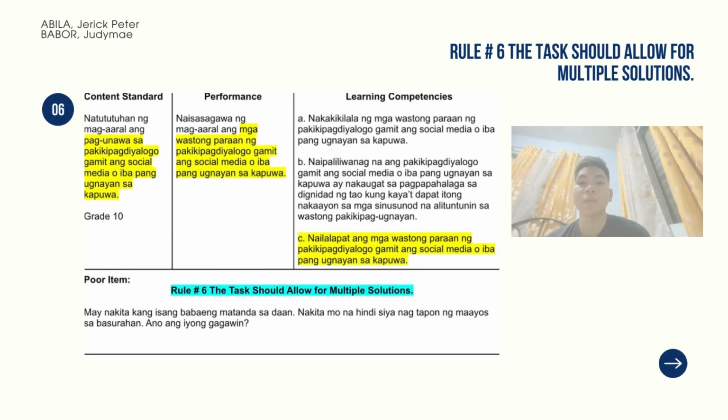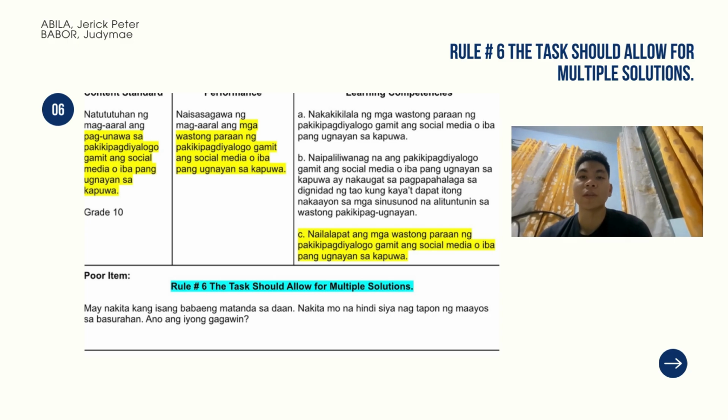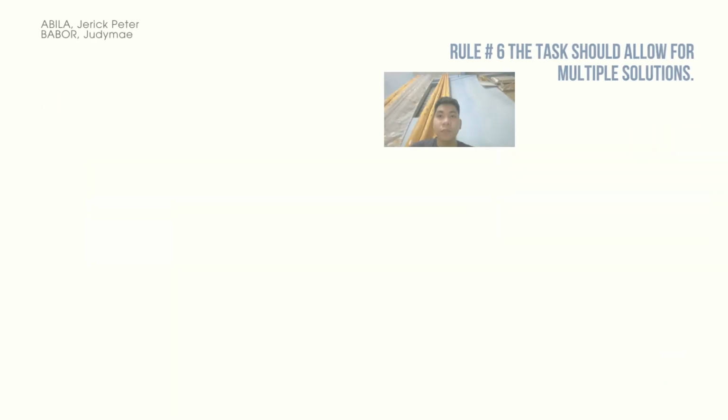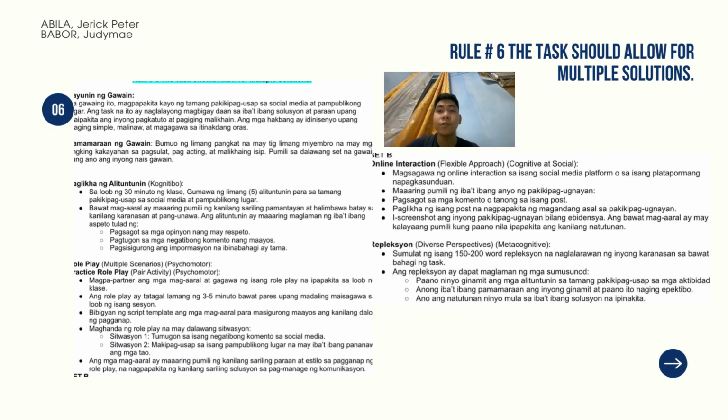Now we are in rule number 6. The task should allow for multiple solutions. In our poor item, the panuto does not show multiple solution results or options.